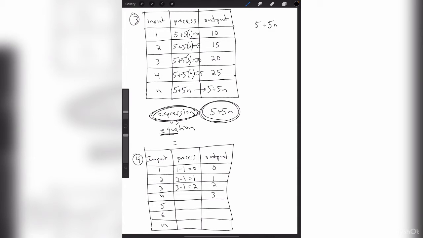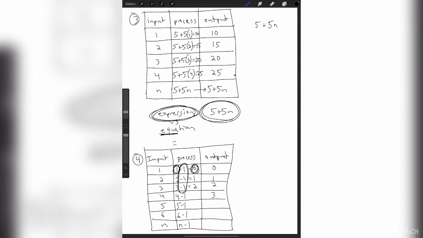Okay, so I want to start with my input and end up with my output. So the process, in order to do that, looks the same among all of these right here. It looks like I'm subtracting 1 from each. So 4 minus 1, 5 minus 1, 6 minus 1. In this case, the process would be n minus 1. So whatever number was in the input here, you would just take it and subtract 1 from it, and that should give you your answer, right?